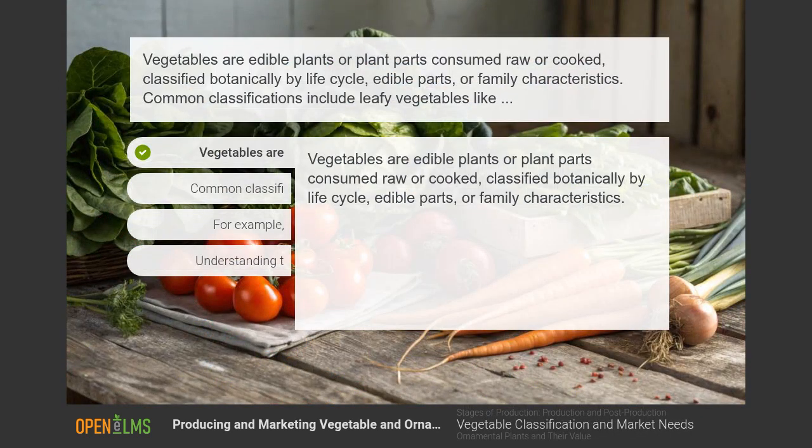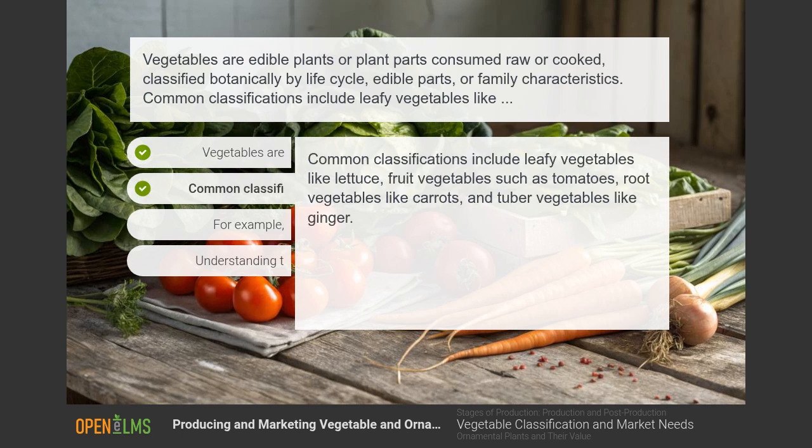Vegetables are edible plants or plant parts consumed raw or cooked, classified botanically by life cycle, edible parts, or family characteristics.